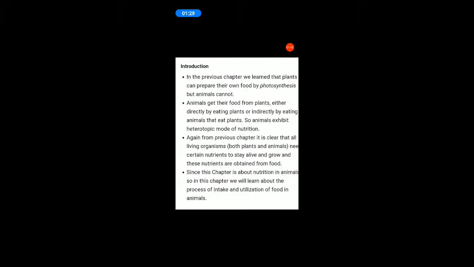From the previous chapter, it is clear that all living organisms, both plants and animals, need certain nutrients to stay alive and grow, and these nutrients are obtained from food. In this chapter we will learn about the process of intake and utilization of food in animals.